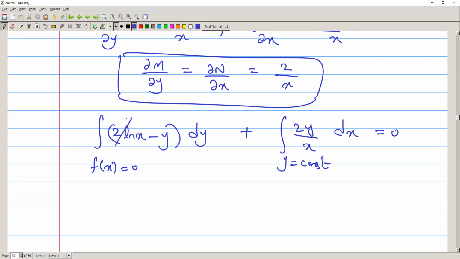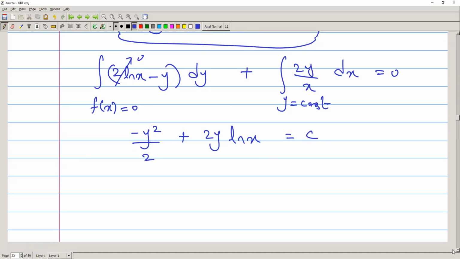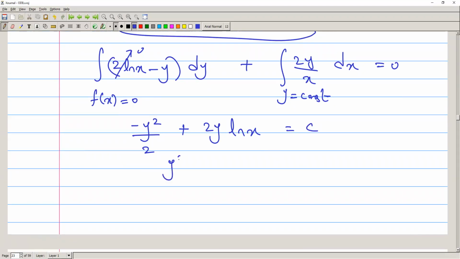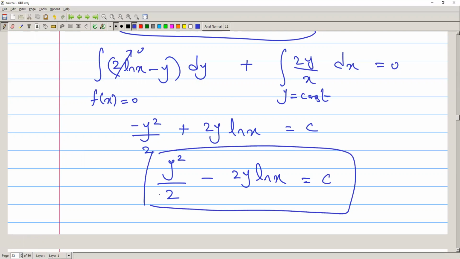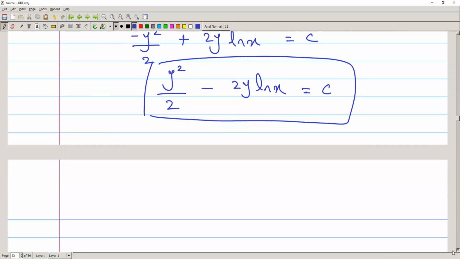So this will be 0 because it's a function of x, and we can integrate this negative y, which will make it negative y squared over 2, and then plus 2y is constant, and for 1 over x the integral will be ln x, equal to c. So now we can write it this way: y squared over 2 minus 2y ln x is equal to c. So that's the answer for the given equation, and you can verify this answer by again taking the derivatives, right? And getting back the equation that we already solved.